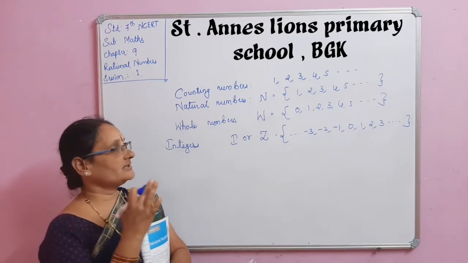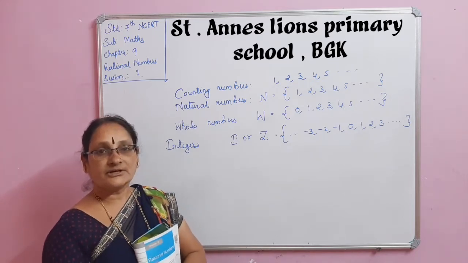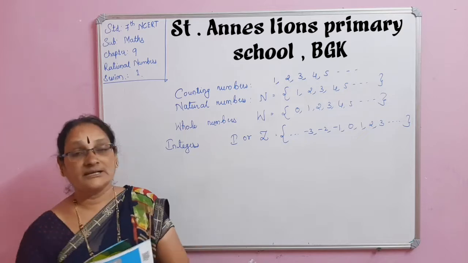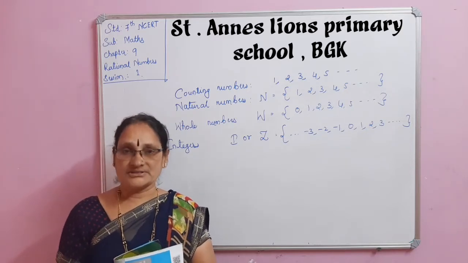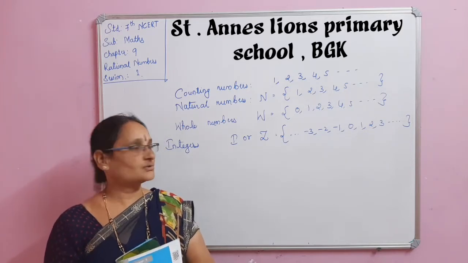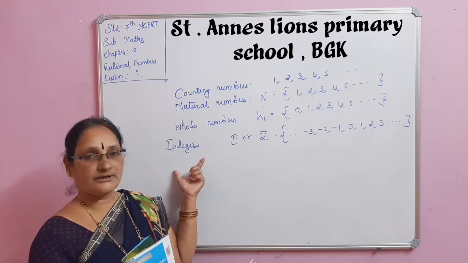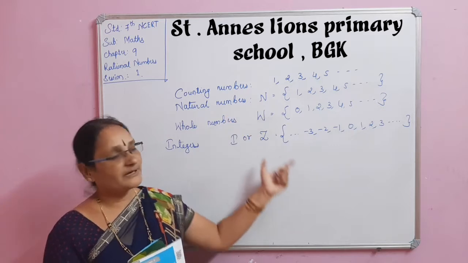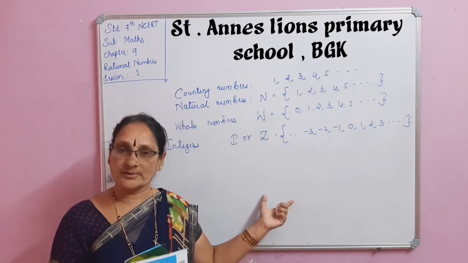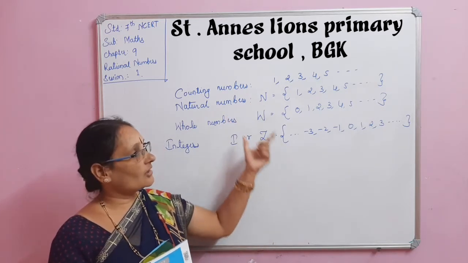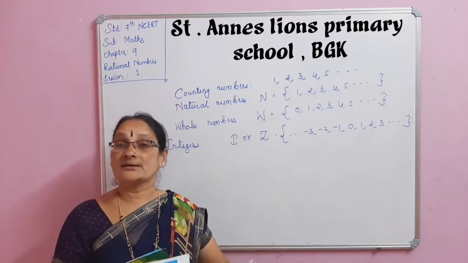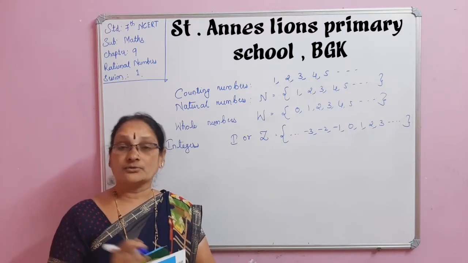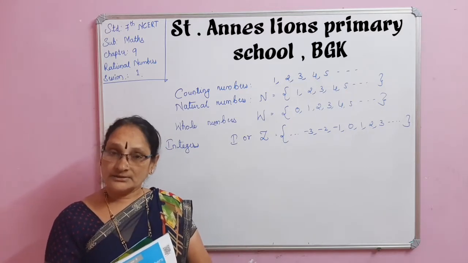The set of the integers was introduced by Gehlen, who is a mathematician. So integers are denoted by I or Z. Why am I explaining all these things, you may be thinking? Because these are all related to the rational numbers. That is what we are going to study today.